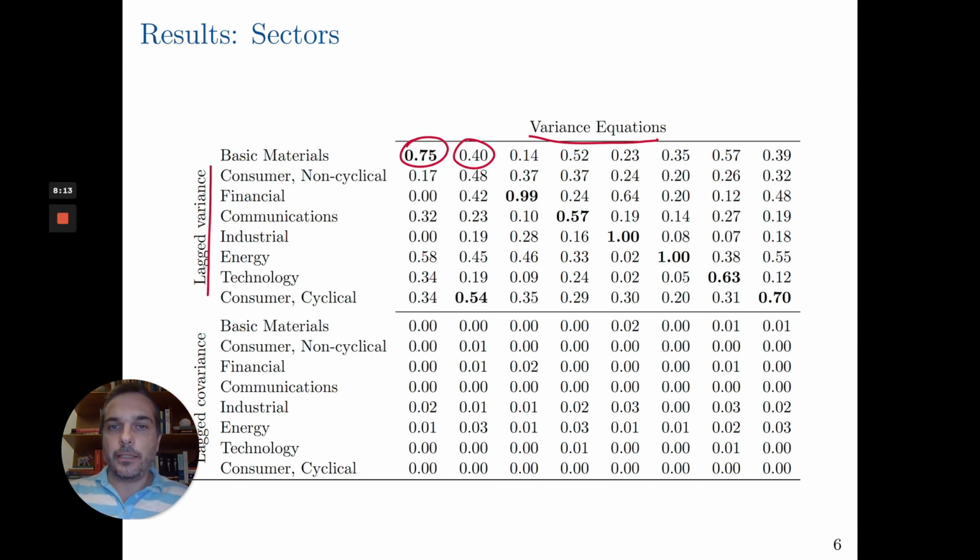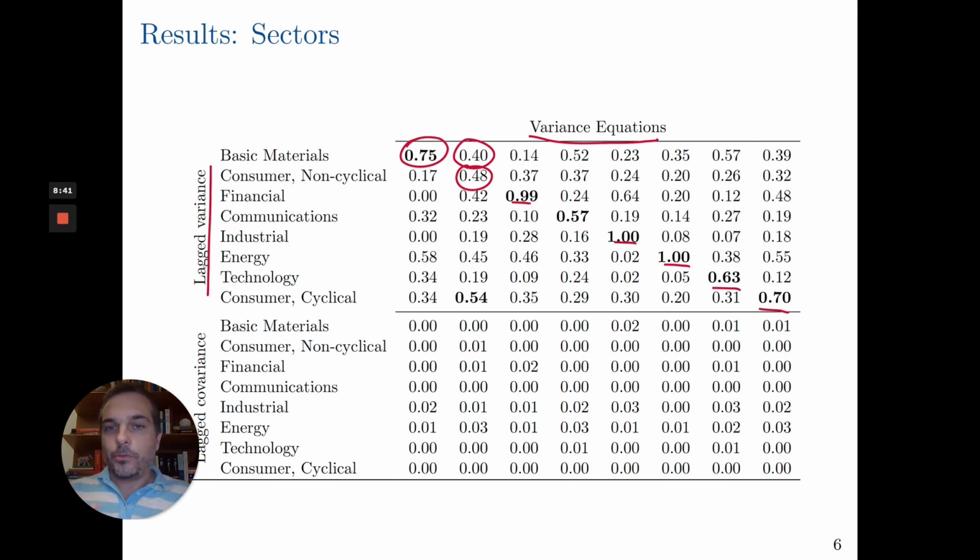As you can see, you have high frequencies here. In most of the cases, apart from consumer non-cyclical, past variance, its own variance affects future variance. That's the persistence that we observe, that's expected, right? We do not have really big numbers outside the diagonal, apart from several cases, but they're not too small.